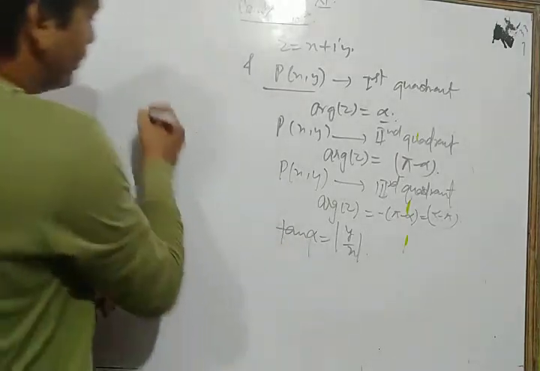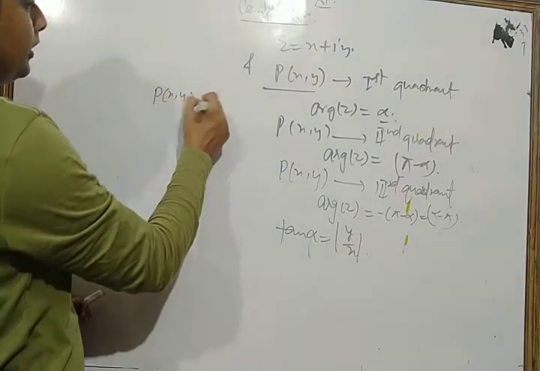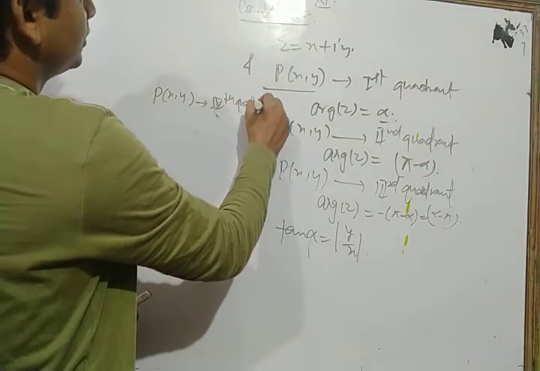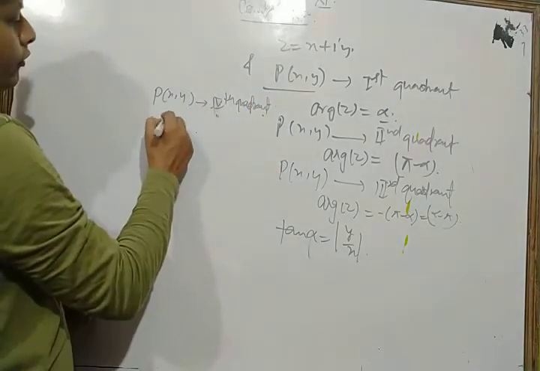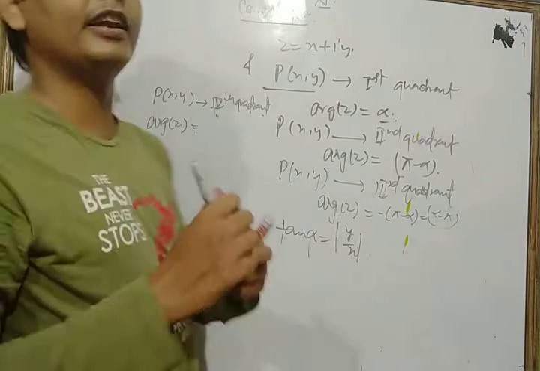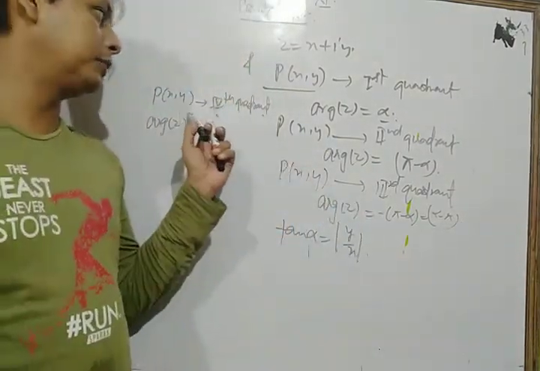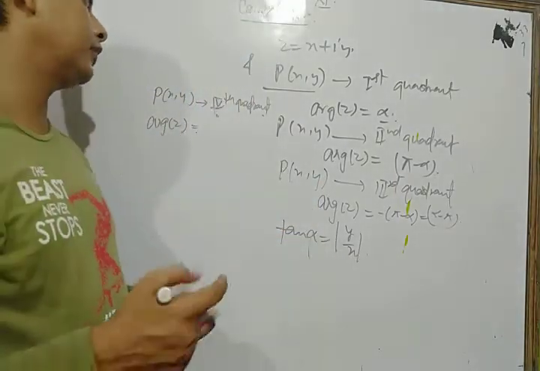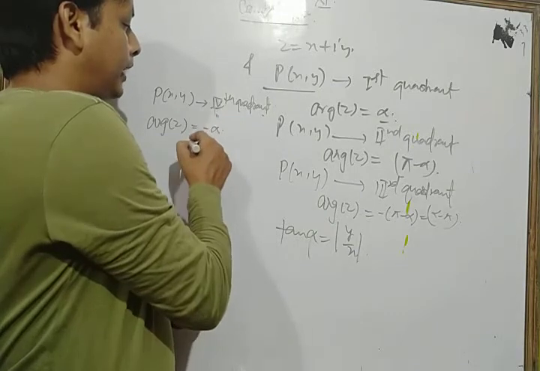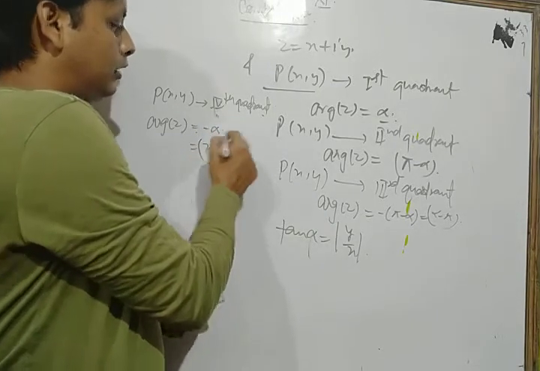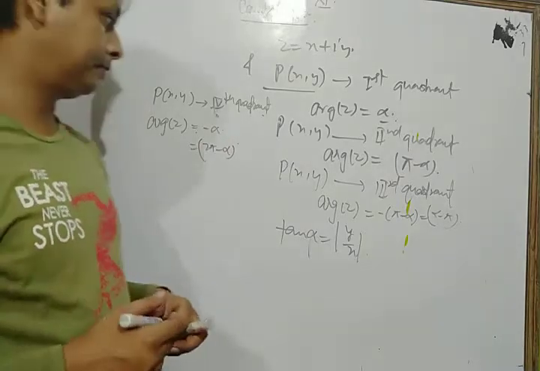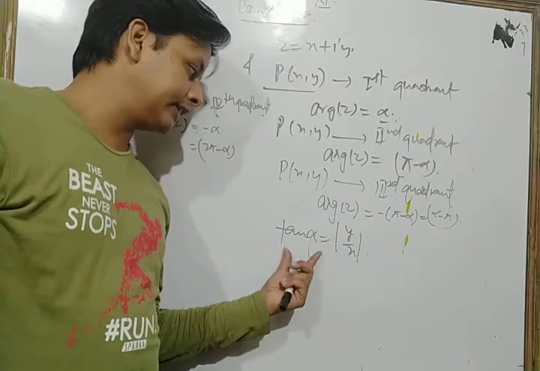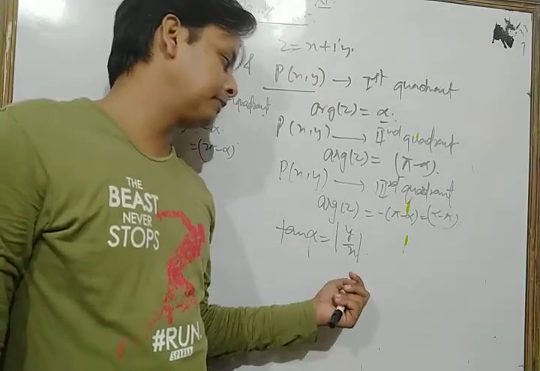Similarly, when the point P(x, y) lies in the fourth quadrant in its Argand plane, in that condition the argument of z will be minus alpha or 2 pi minus alpha, and you find alpha by the formula tan alpha is equal to mod of y by x.